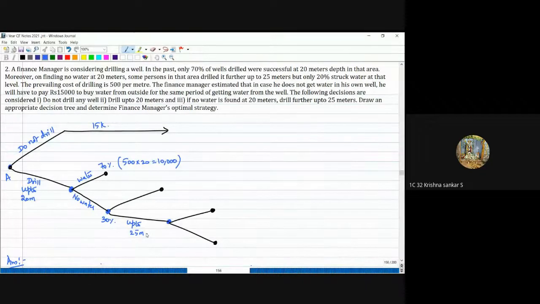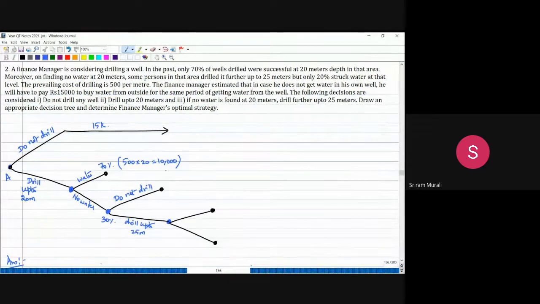Yes, sir. Okay. Now if I get water, suppose there are two cases. You can drill up to 25 meters, or do not drill.